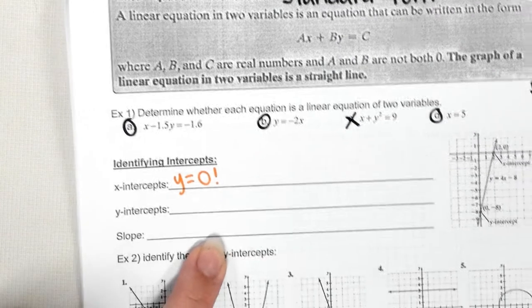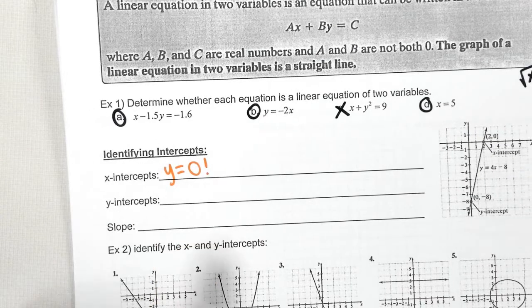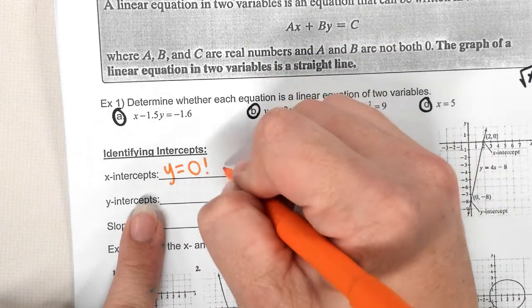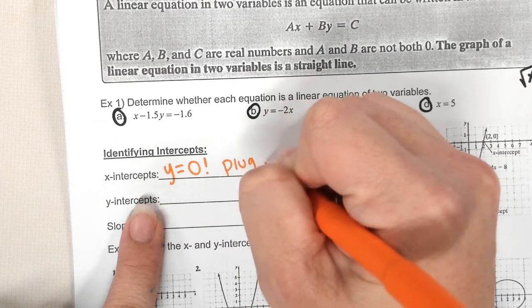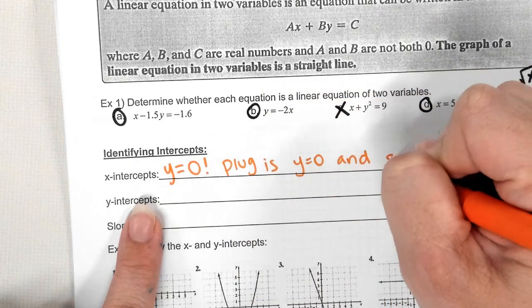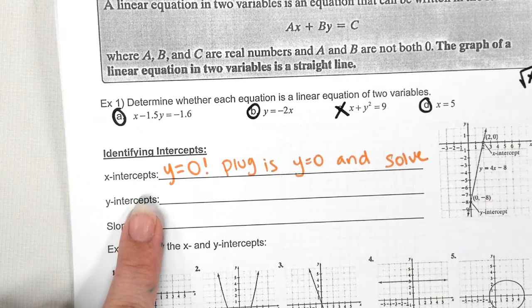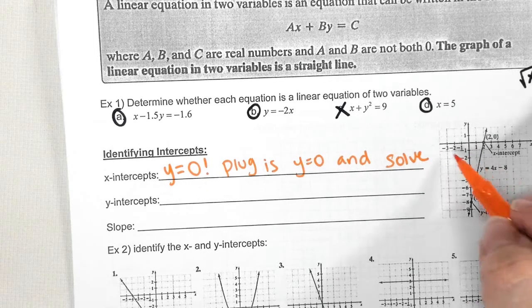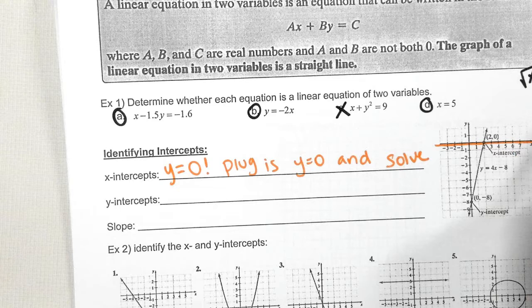If you wanted to find your x-intercept of an equation that's not y equals, you can literally plug in y equals 0 and solve. So this is my x-intercept of this graph, right here where it touches the x-axis.